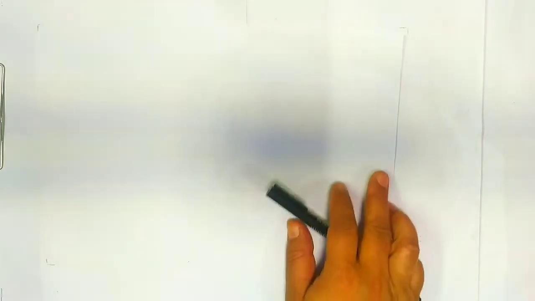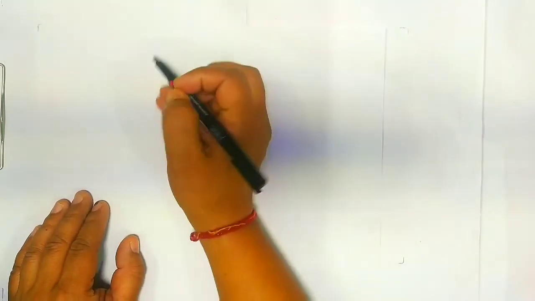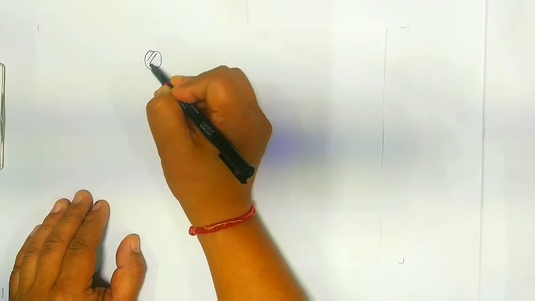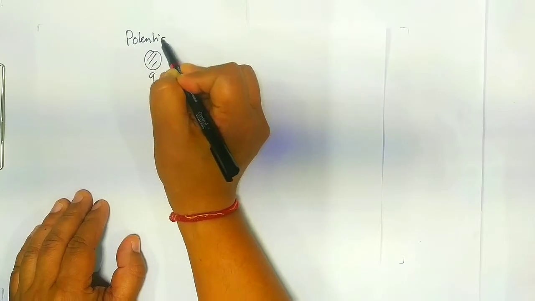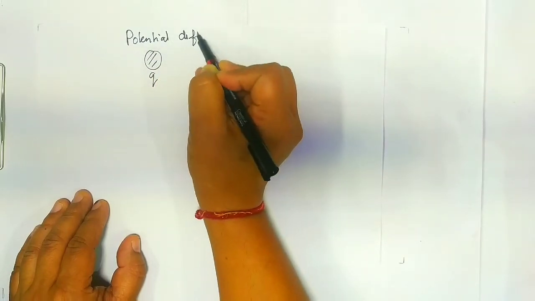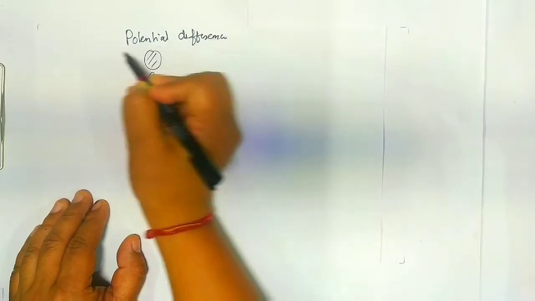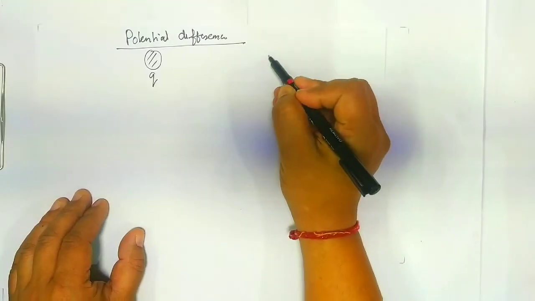If I ask you, there is a charge Q, we are talking about potential difference, and there is another charge, say Q naught.